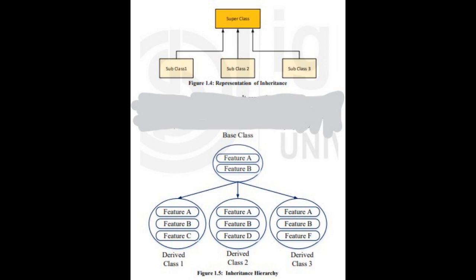The word inheritance reflects how children inherit many of their characteristics from their parents, but they also have their own characteristics. In OOP, a base class is seen as a superclass or parent class, and a derived class as a subclass or child class. Figure 1.4, Representation of Inheritance.